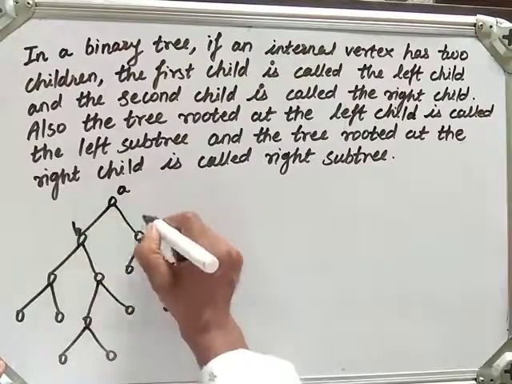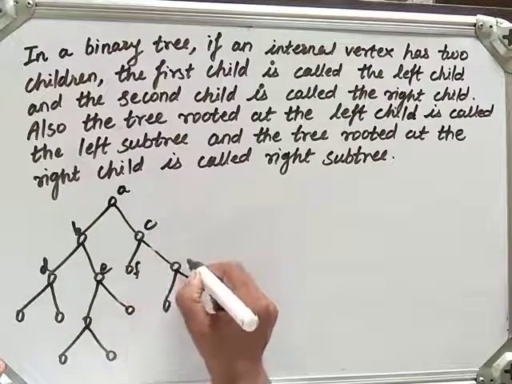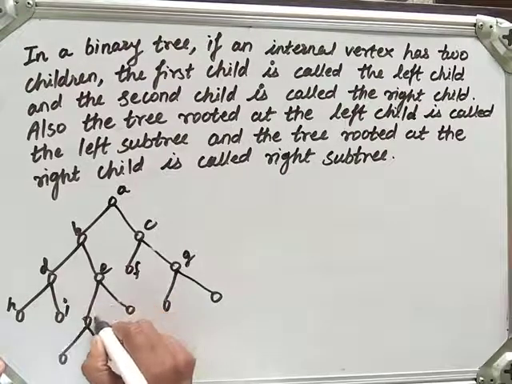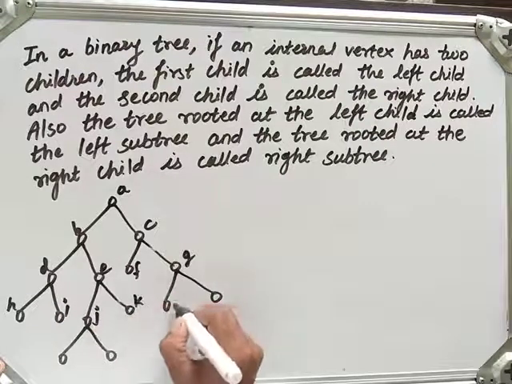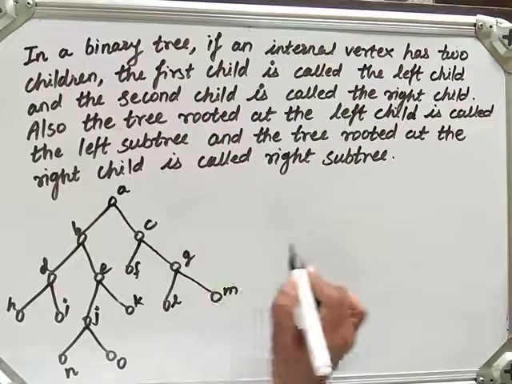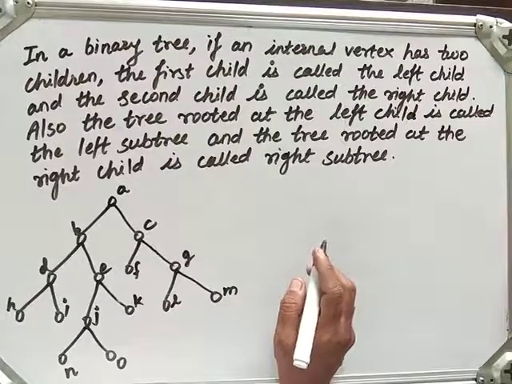Suppose A, B, C, D, E, F, G, H, I, J, K, L, M, N, O. Suppose these are the vertices in this tree. Now suppose we have to find the left and right.